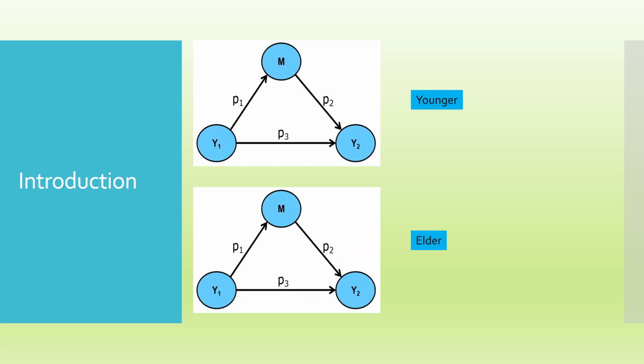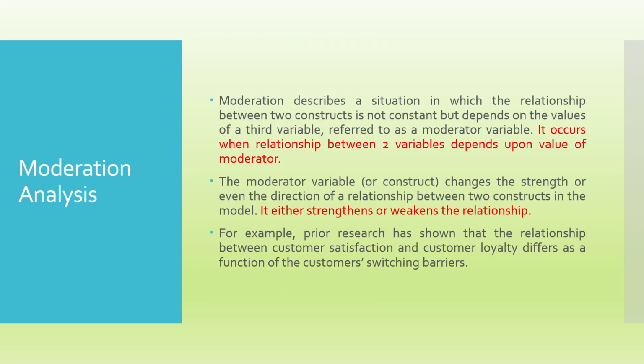So when any construct or any variable alters the relationship between the model, then it is known as a moderation effect. So moderation describes a situation in which the relationship between two constructs is not constant but depends on the value of the third variable, referred to as a moderator variable.